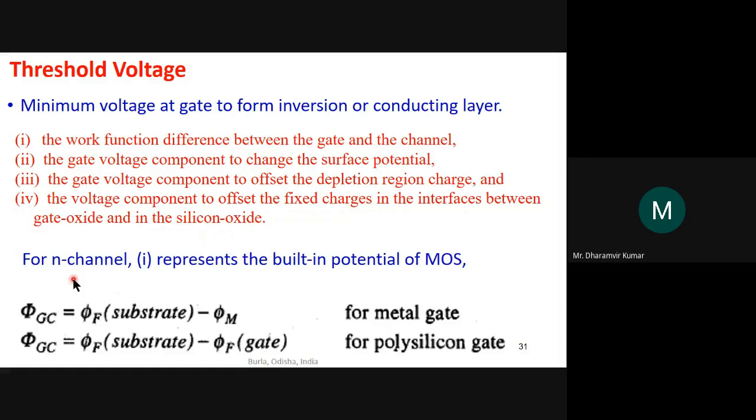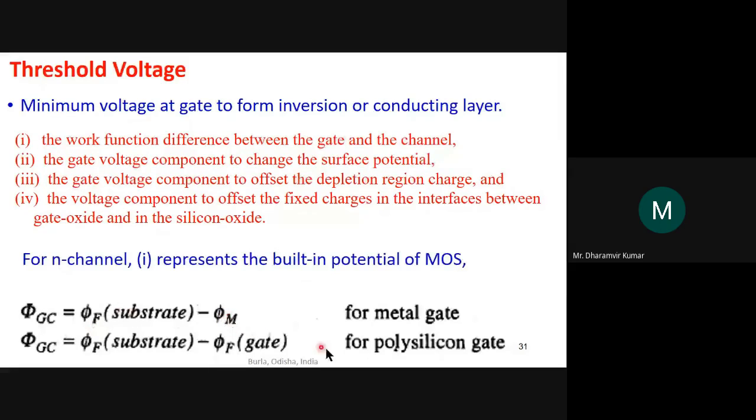Now for n channel, the first point represents the built-in potential of the MOS. We know that the work function difference develops a built-in potential. If the gate is made up of metal, it will be, let's say this symbol, phi gc, that is the difference between the work function of the substrate and the work function of the metal.